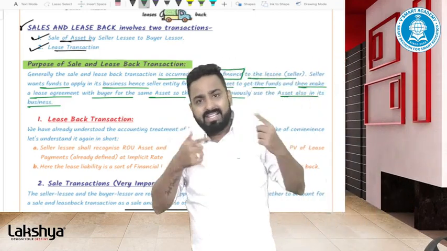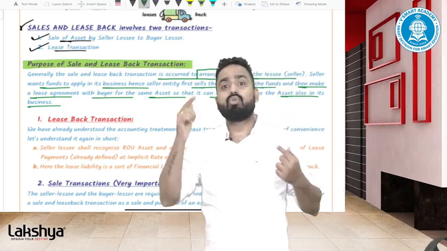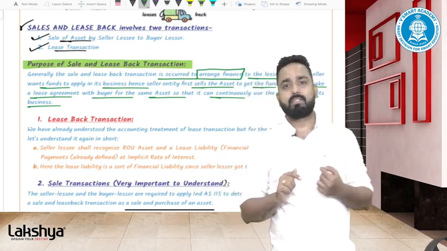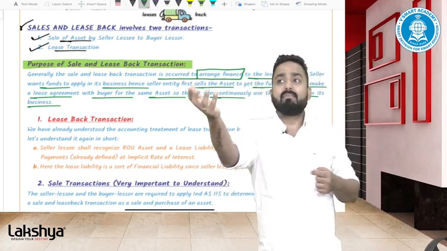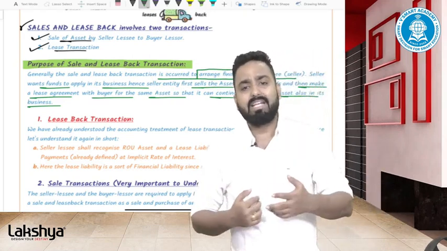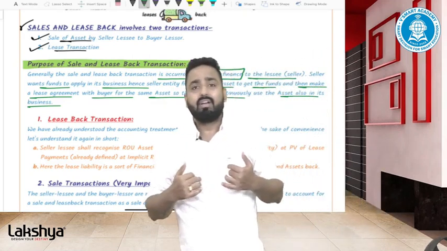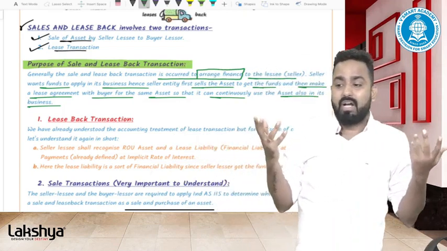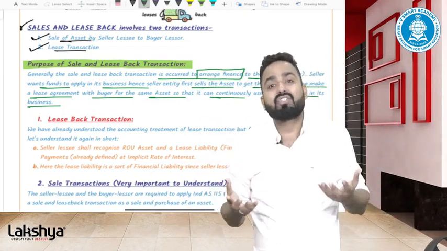Now, what is the reason behind it? What is the reason to sell the asset first? Because of the security purpose. If I am asking for a loan from a third party, they may not have enough trust in me.